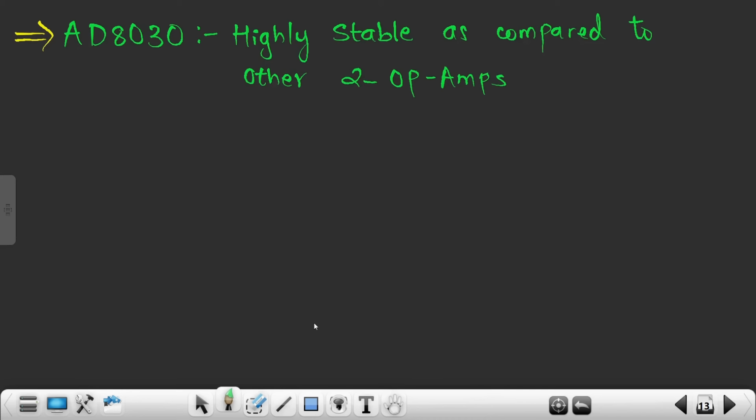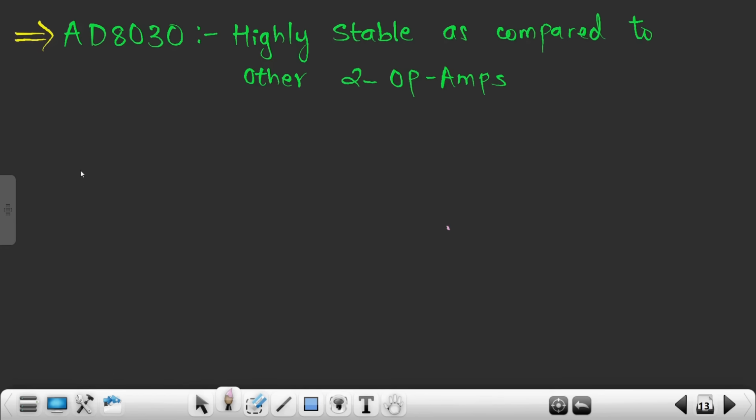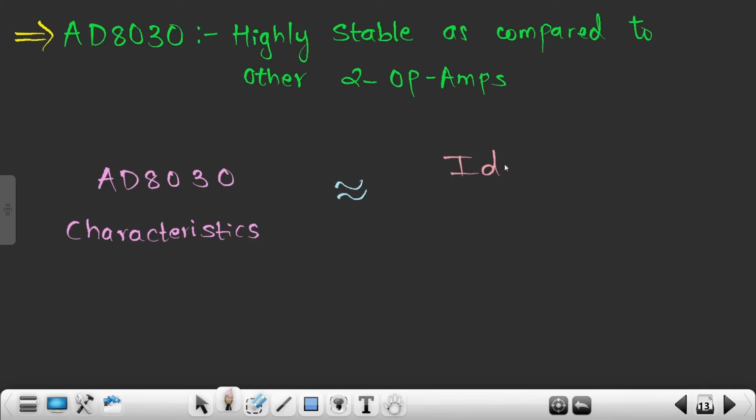That means the characteristic of this particular Opamp, AD8030, is almost equivalent to, or matches somewhat to, the ideal op-amp characteristic.